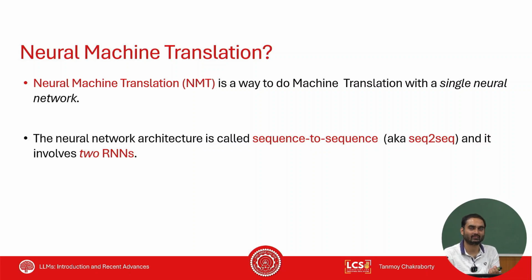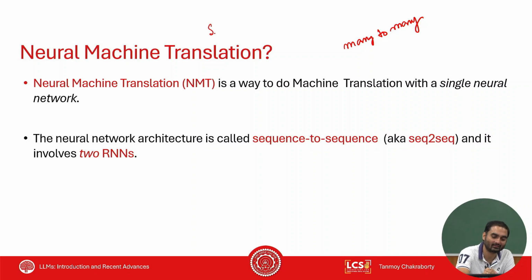You are given a Hindi sentence and the output would be English sentence. Let's say summarization. You are given a longer document and your task would be to basically generate a shorter document, right? These are all sequence to sequence problems, right? It can be many to many, it can be many to one, it can be one to many, and so on and so forth. Many to many sequence to sequence model. Sequence to sequence, the term can also be abbreviated as Seq2Seq.